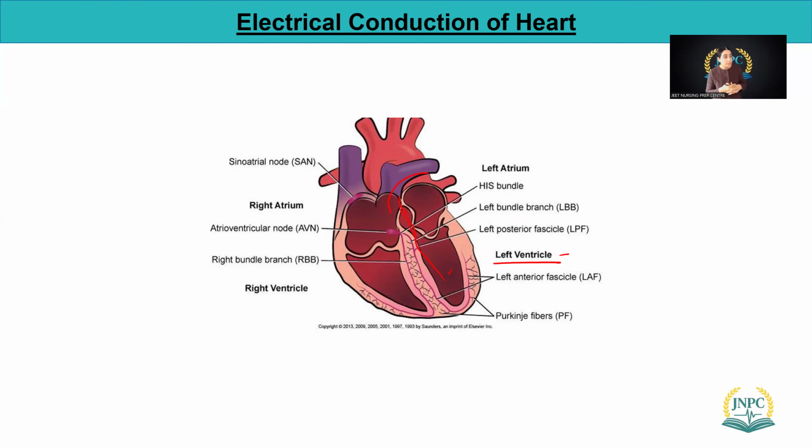This is so interesting. The heart generates its own electrical impulses, and the structures responsible for generating them are your SA node, your AV node, and your Purkinje fibers, right?